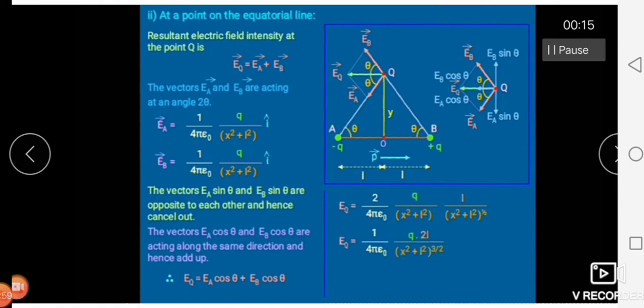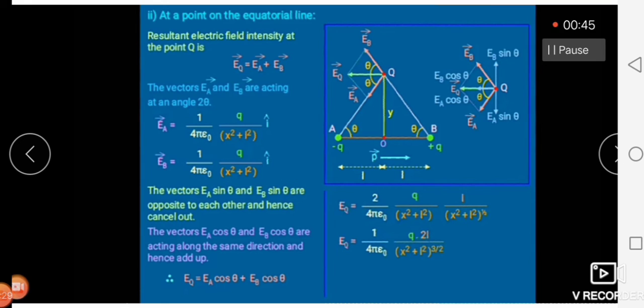This is L square. Now the electric field intensity due to negative charge at point Q is towards the negative charge, so the arrow is shown towards it, and this field EA due to negative charge is given as 1 upon 4 pi epsilon 0 Q upon x square plus L square into unit vector.